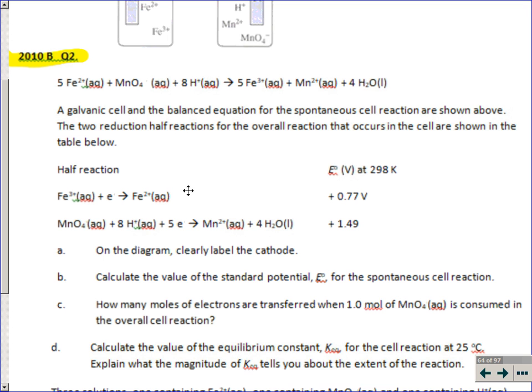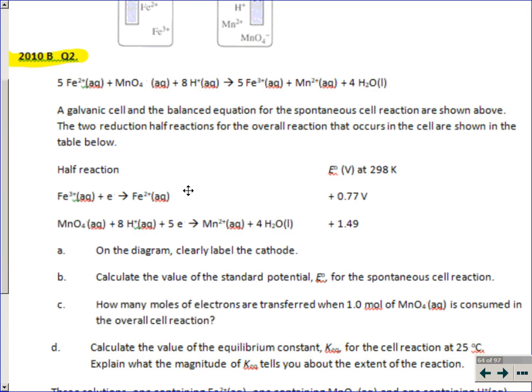Okay, so if it's galvanic, what do we know about E cell? Right, if it's galvanic, E cell is positive, and the only way E cell will be positive is if you take a big number for reduction potential minus a smaller number for reduction potential. So who has to be the big number? The permanganate, which is 1.49 volts, minus 0.77 volts.